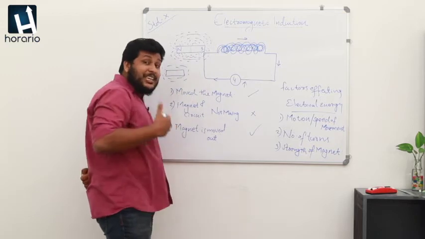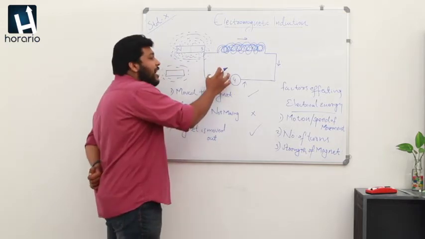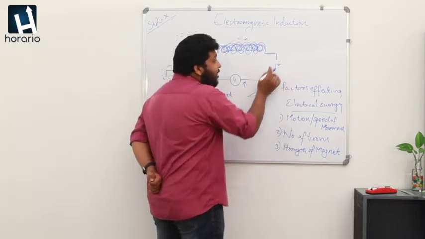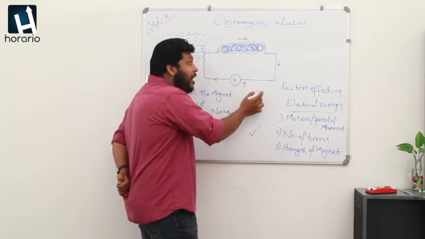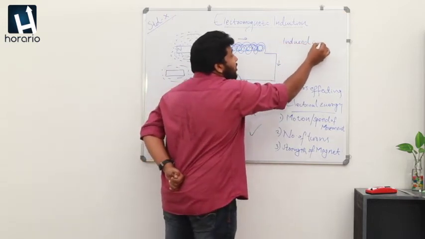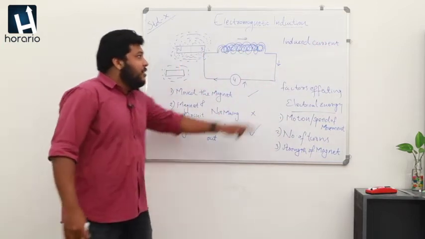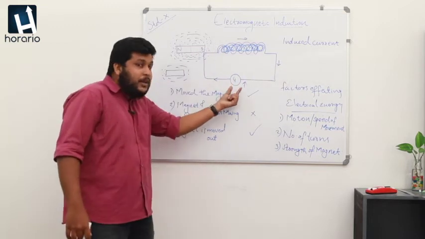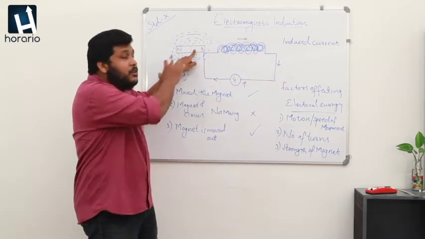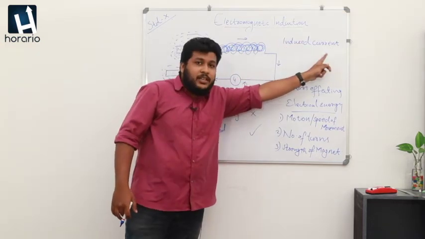The magnet induced the current inside this circuit. So we can say that the current produced in this circuit is induced current. The current formed in a circuit due to the induction of anything, for example the induction of a magnet, is called induced current.